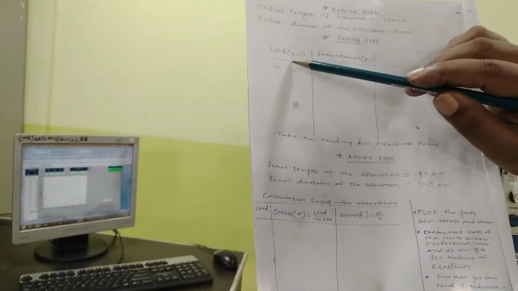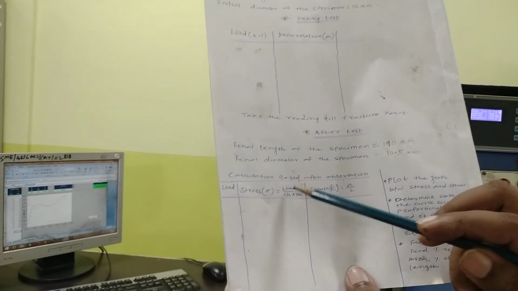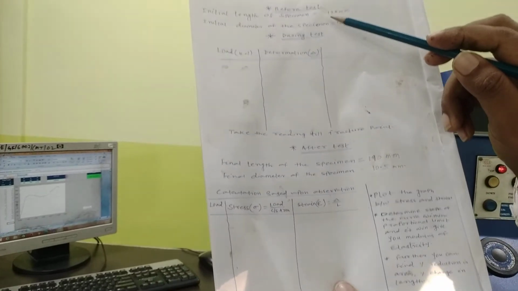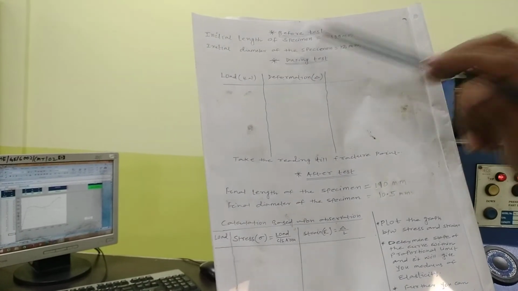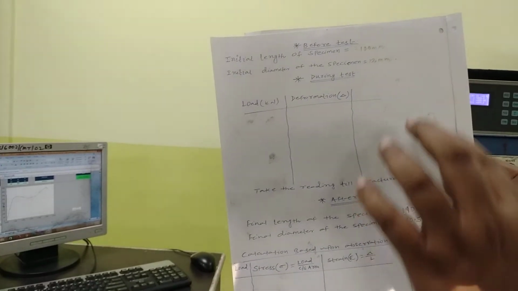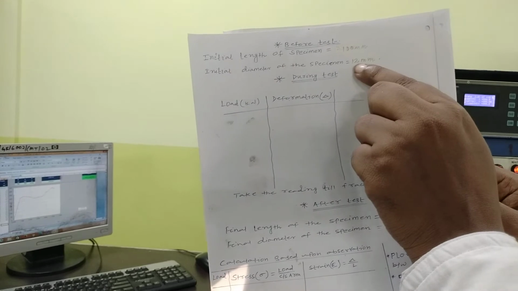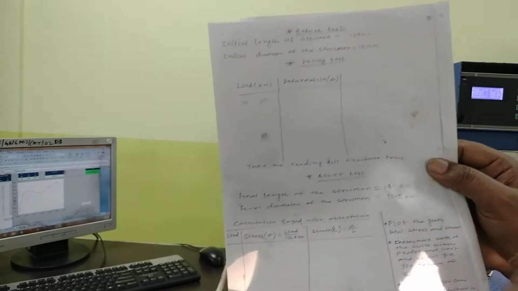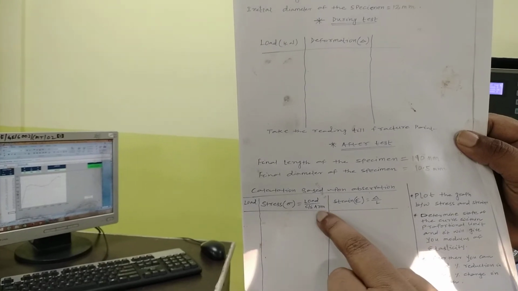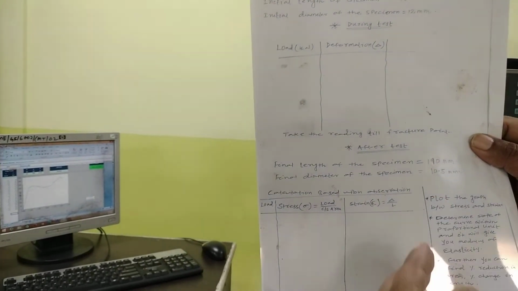So suppose I have all the load data, I will write it here. Load divided by initial cross-sectional area. How will you calculate the initial cross-sectional area? As the cross-section was circular, you can apply the formula pi by 4 dA square, where you have the original diameter. At each load you will divide by the area, so you will get the stress data.